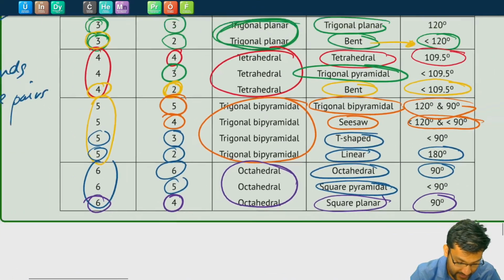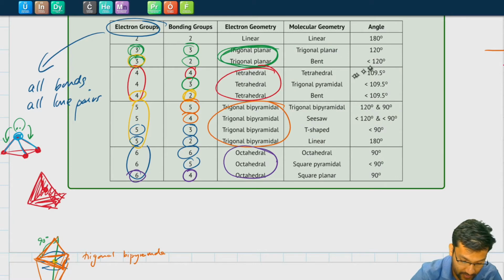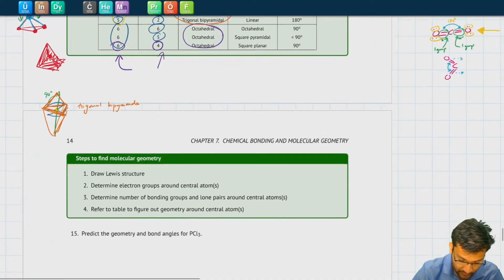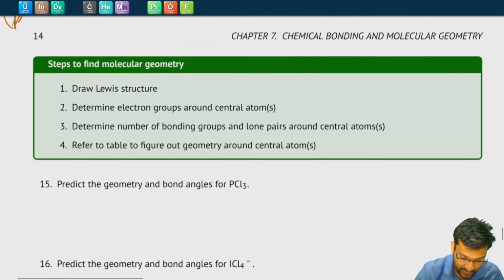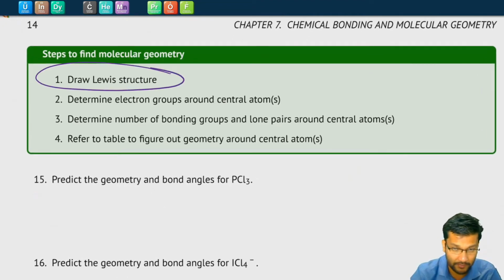So the way to figure out exactly which geometry the molecule has and what its angles are, we need to do a couple of things. We need to figure out how many electron groups they have and how many of those groups are bonding. That's it. So let's do a few examples, and here are some steps to help you along with that process. The first step you want to do is draw the Lewis structure.